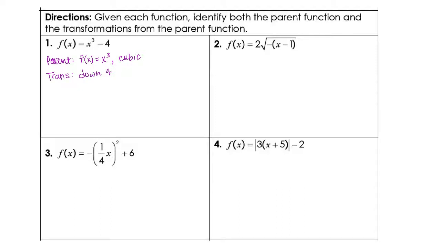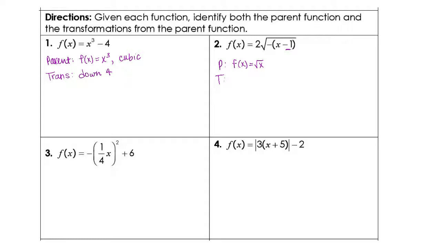Right, so for our second function, the parent function here is going to be the square root function. And then we're going to have a transformation. Well, let's see, we're on the inside part of the function, so that means we are going to move left.